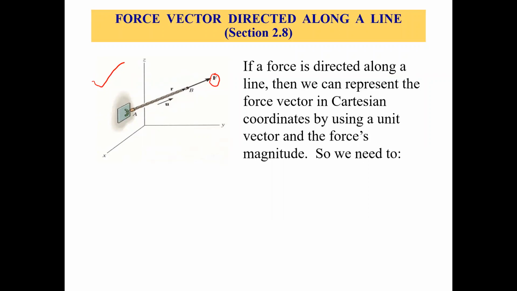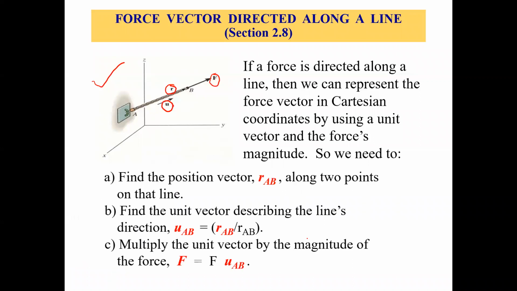So we have this force. We can find the position vector, small r, and we can also find small u, which is the unit vector for the direction of this force vector F, or the line AB. How do we do that?